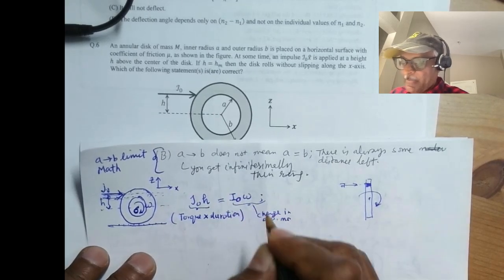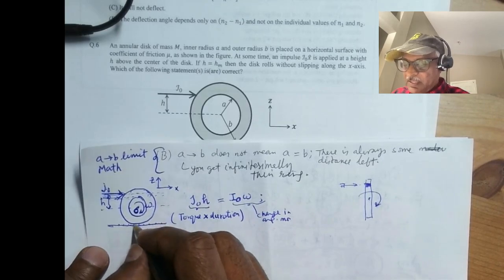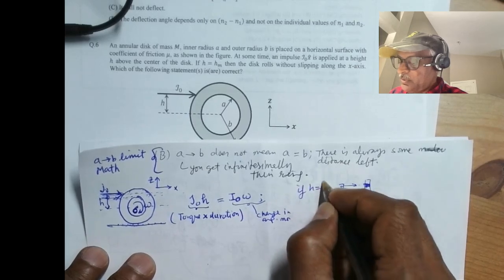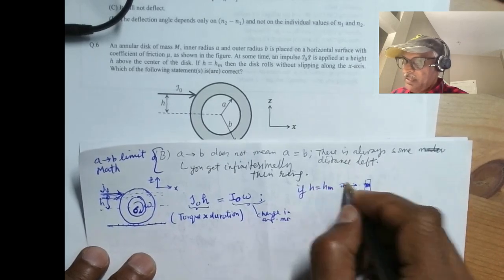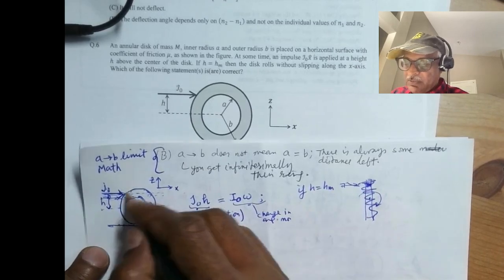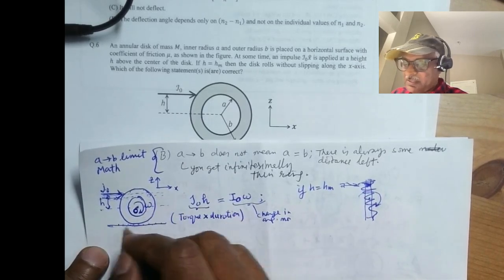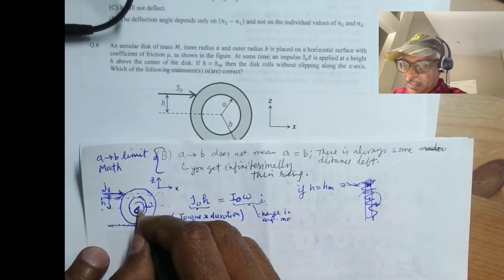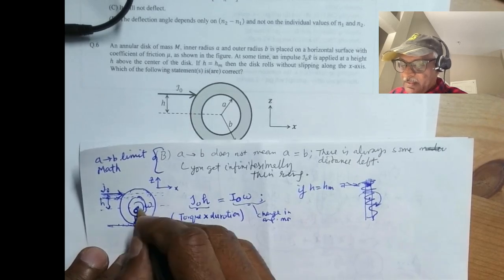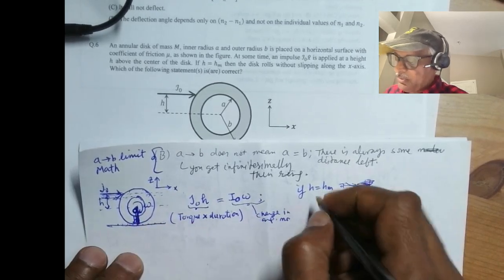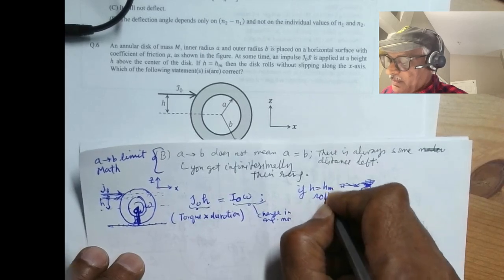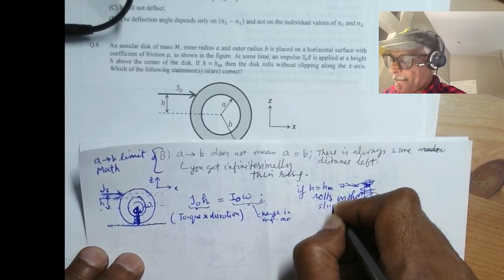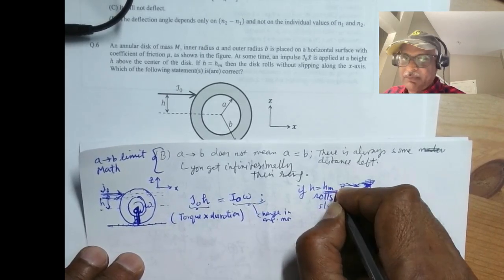So, if H equals HM, this thing is going to roll without slipping, and the radius is B. It rolls without slipping if H equals HM.